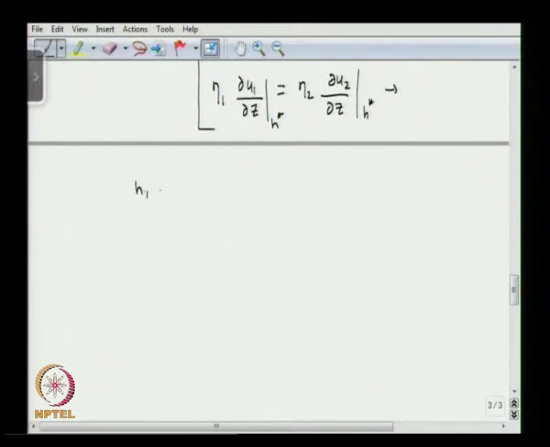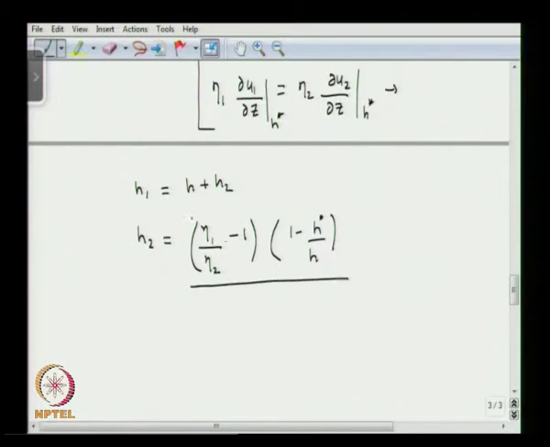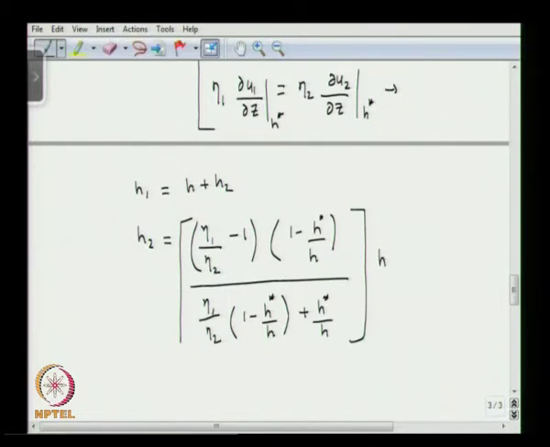So, we can find that h1 will be equal to h plus h2, where h2 will be given by this expression: eta 1 divided by eta 2 minus 1, into 1 minus h star divided by h, divided by eta 1 by eta 2 into 1 minus h star over h plus h star divided by h, into h star.